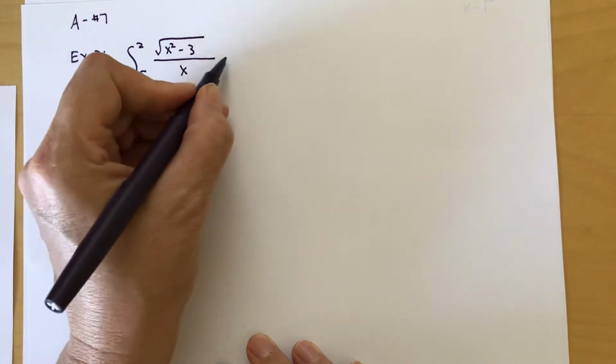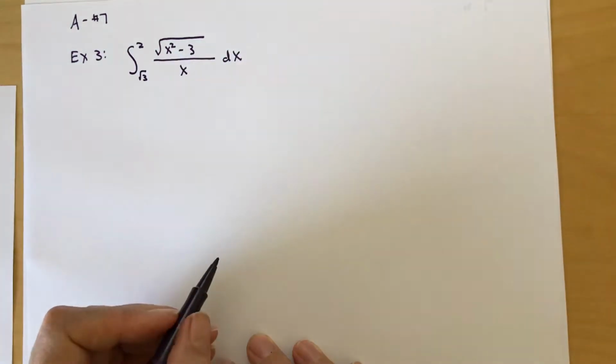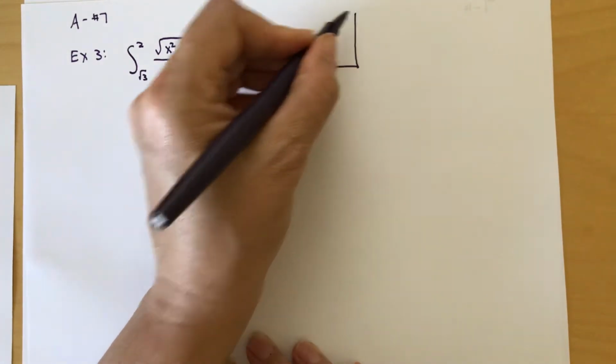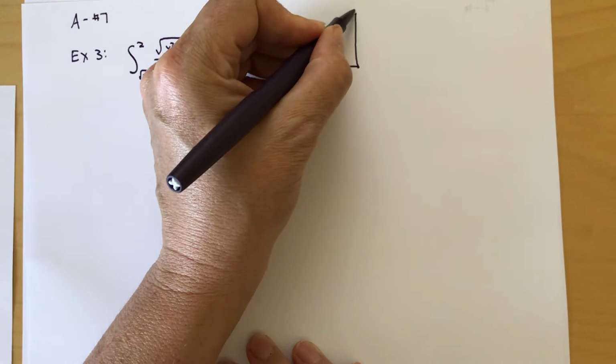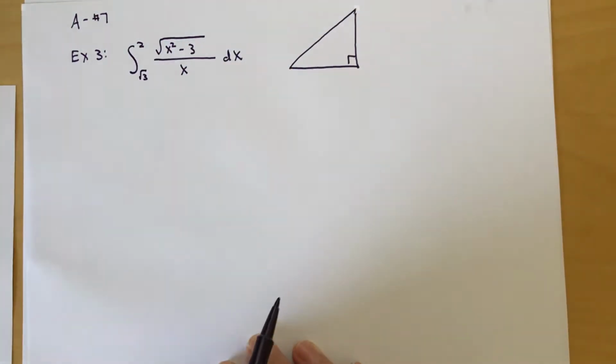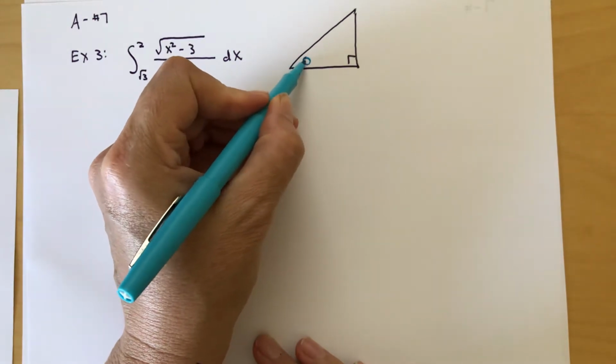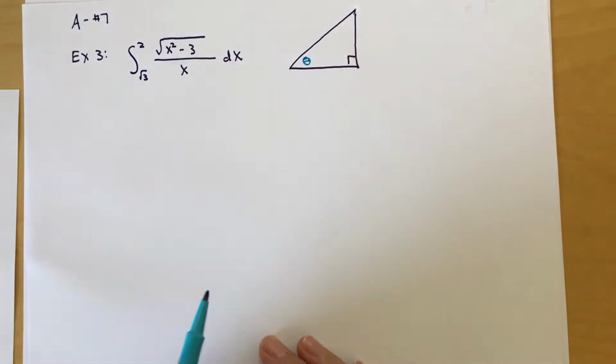So here's the integral that we're going to solve. Even if you don't have those triangles memorized, which I wouldn't recommend trying to do, I would look at this and recognize that it's a trig substitution problem because you have this radical in here.